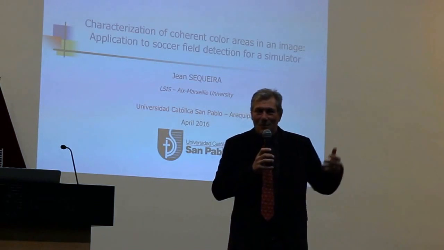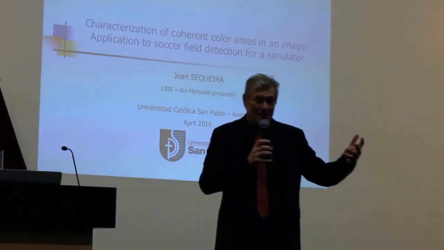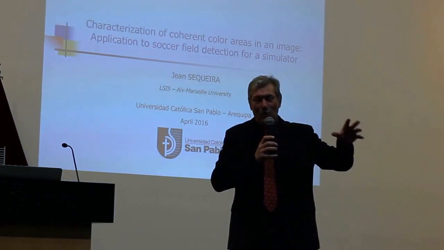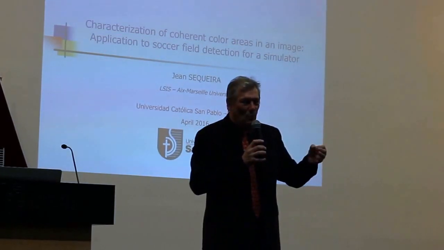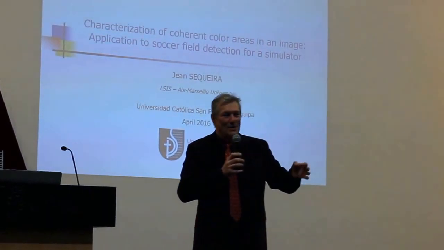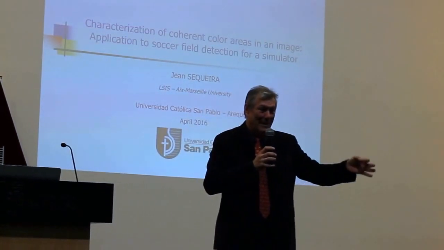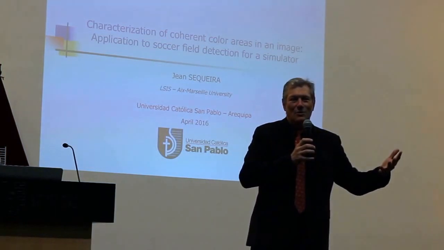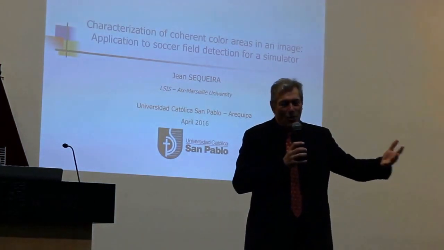And this color, we can find it also in the stages, in the other areas. But what we can say is that where the soccer players play, it is an area that is globally of a given color and globally coherent.